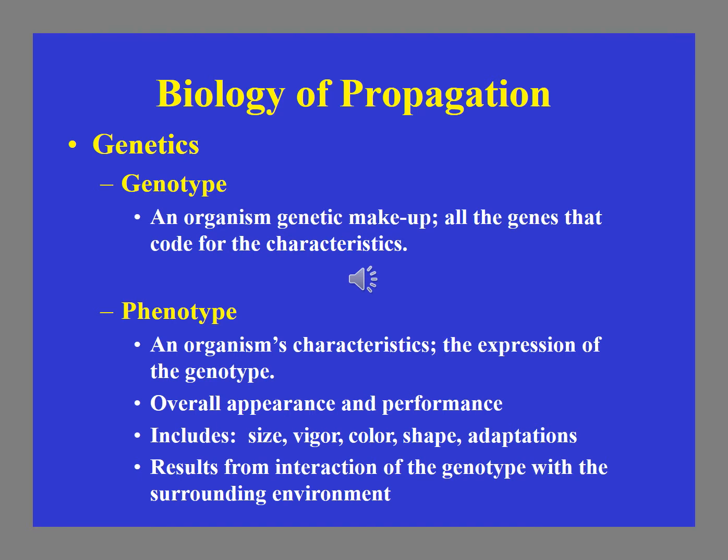The phenotype, in comparison, is about the expression of those genes. So phenotype is kind of like the overall appearance of that organism. The size, the vigor, the color, the shape, could be the biochemistry of that organism. Those are all the ways the genes are expressing themselves physically in an organism's body. That's the phenotype, is the way those genes are expressed. And the genotype is just the genes themselves. So that's the difference between genotype and phenotype.